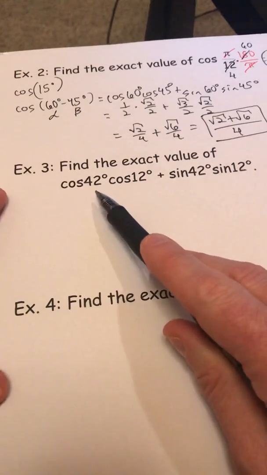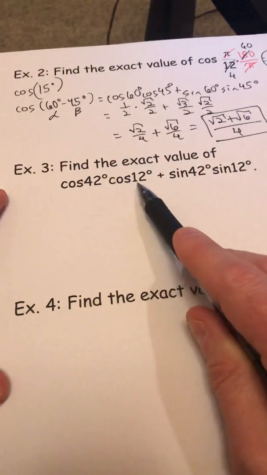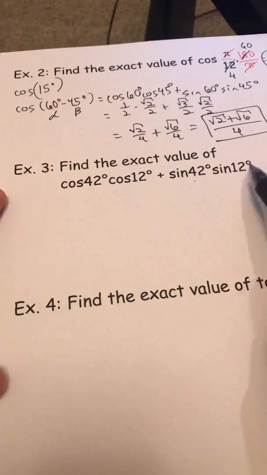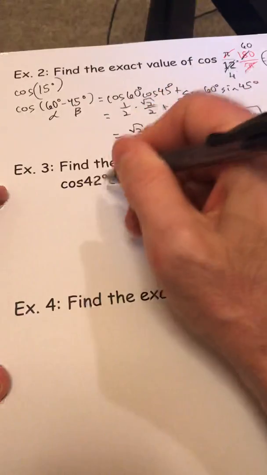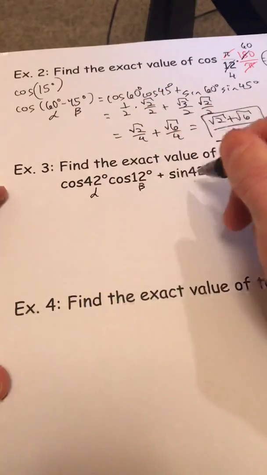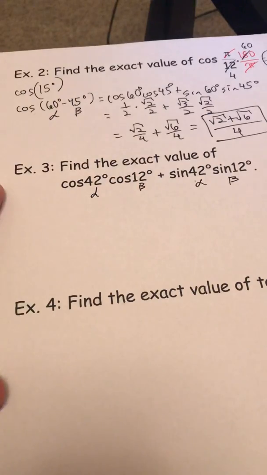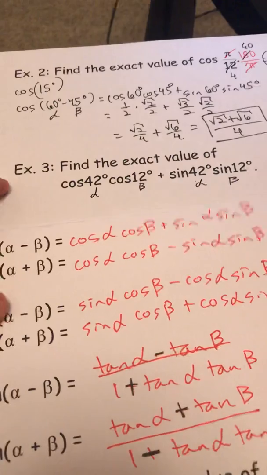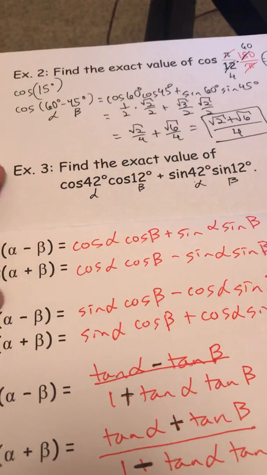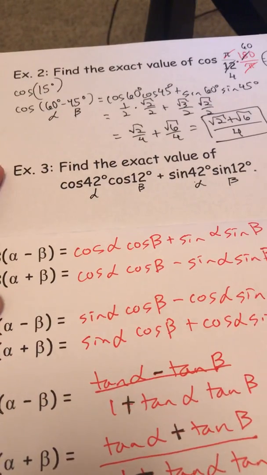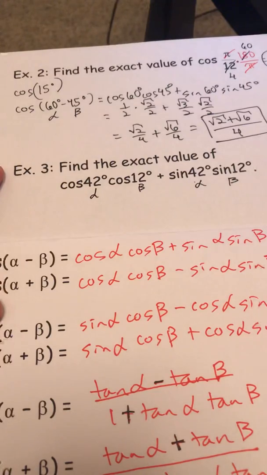All right, example 3 is a little different style of problem. Now we're going to work backwards. Cosine 42, cosine 12, sine 42, sine 12. Think of it as here are our alpha and beta. Now we're going to find which of our 4 identities this matches.